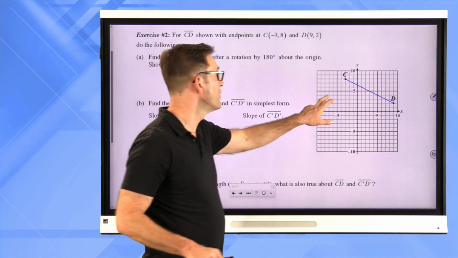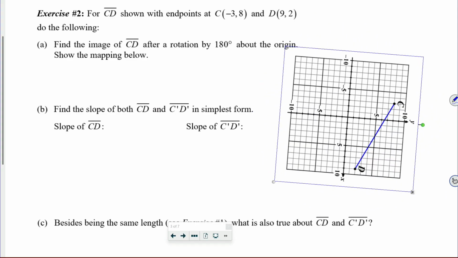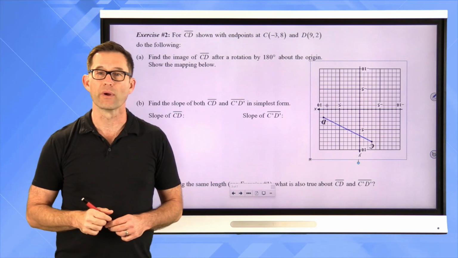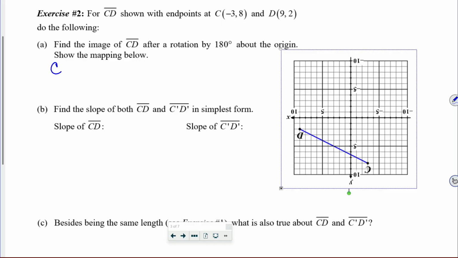Now, if I wanted to do this with the method I looked at before, I could do 90 degrees clockwise plus another 90 degrees clockwise, and I will end up having that 180-degree rotation. So my mapping, right, C, which started at (-3, 8), will now be at C prime, and that will be at (3, -8).